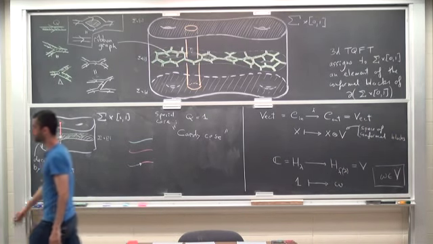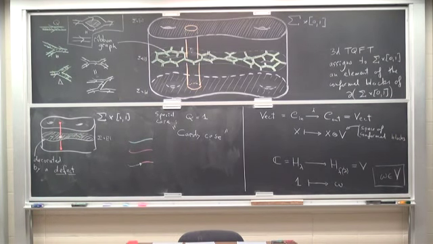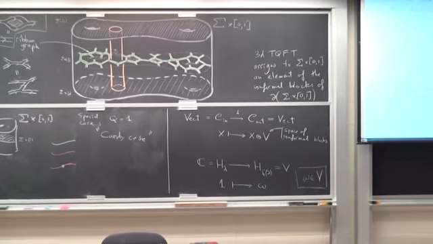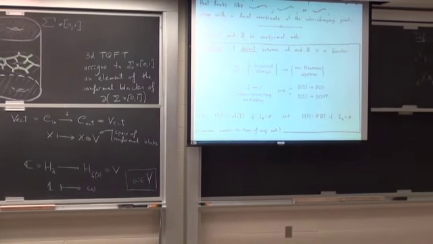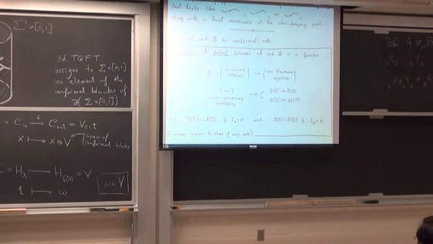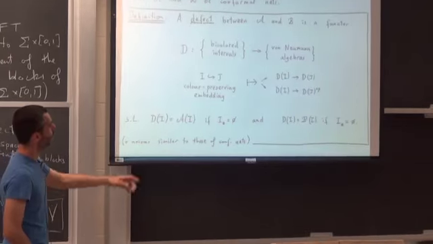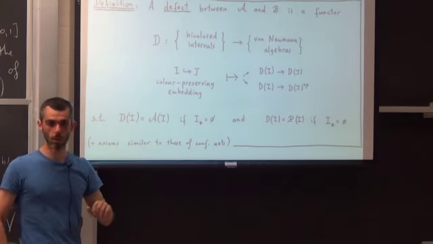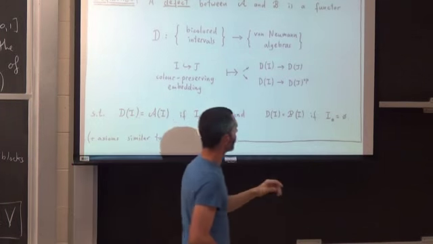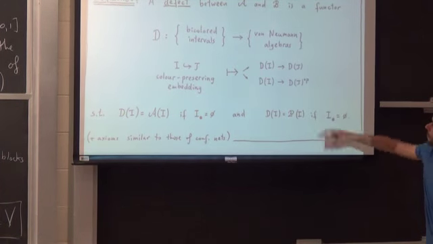Let me bring the slide a little bit higher so that you see the bottom. So just as before, there's orientations on these intervals, and we're looking at embeddings that are compatible with colors and with the local coordinates. If the embedding is orientation preserving, it's a homomorphism.